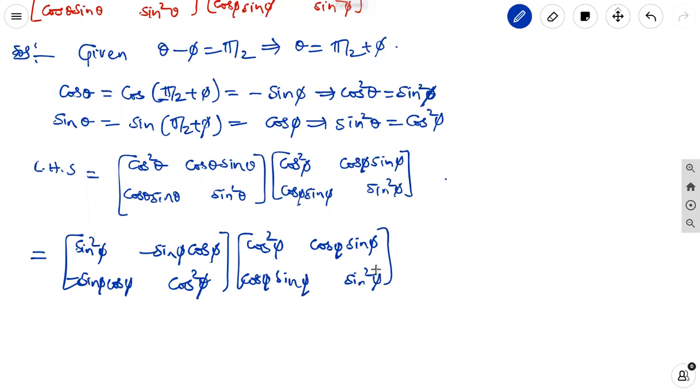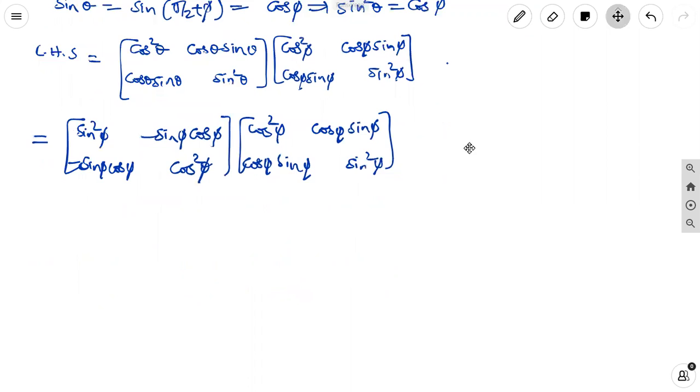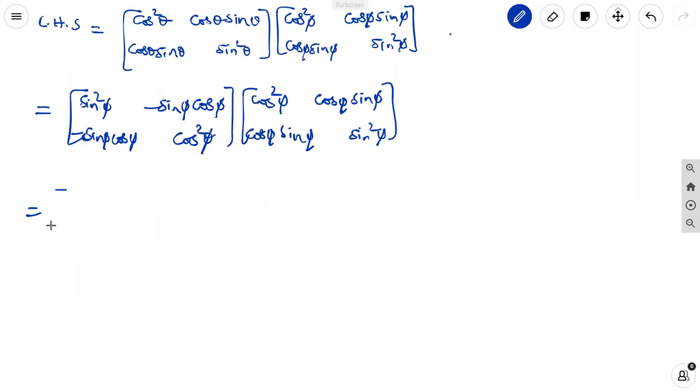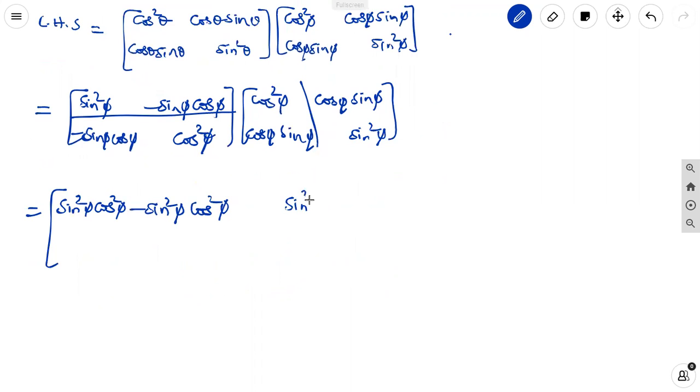Product of these two matrices. It is row into column: sin square phi cos square phi, minus into plus minus sin square phi cos square phi. Row into second column: sin cube phi cos phi minus sin cube phi cos phi.